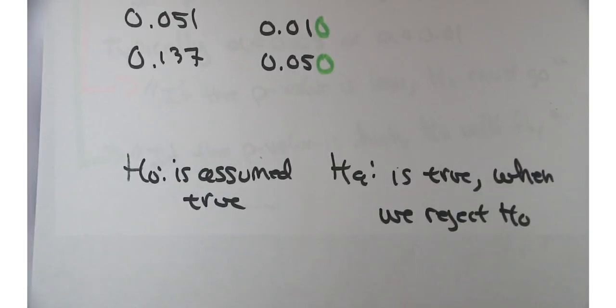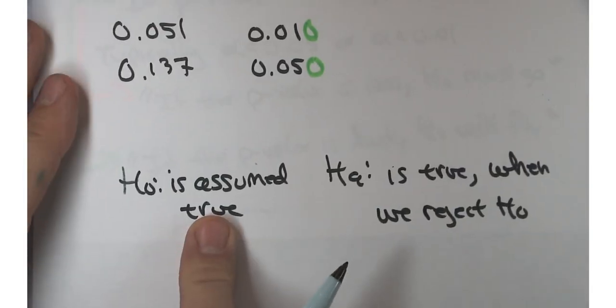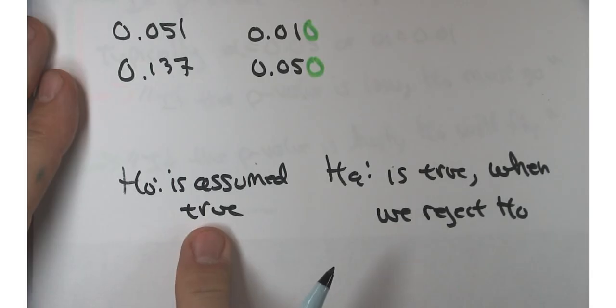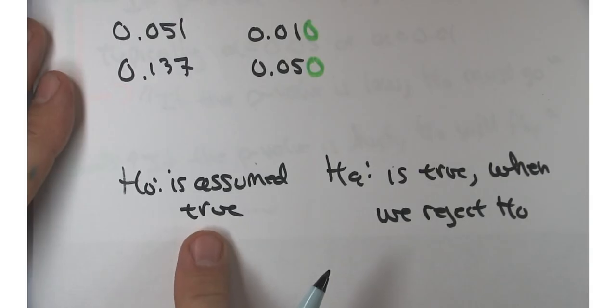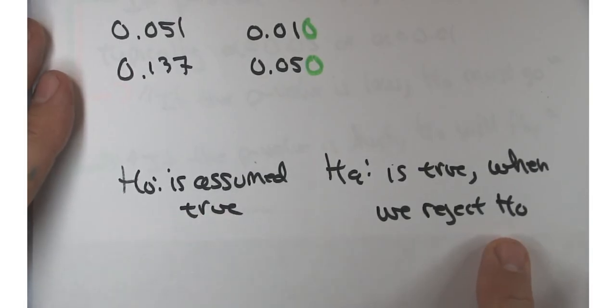So the fact that you can't reject H naught doesn't mean that it's true, any more than coming out of a jury trial proves you're innocent. No, you just weren't found guilty. It's not saying you were innocent, you just weren't found guilty. So here it's assumed true until proven otherwise.